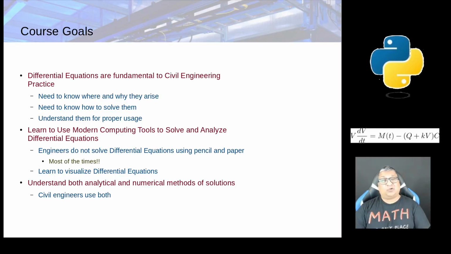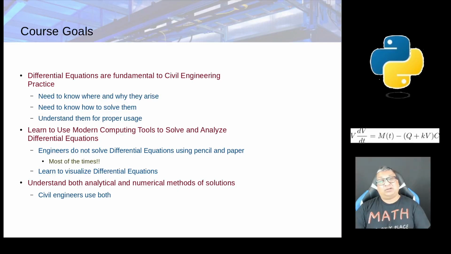Numerical solutions are also based on mathematical principles, but they are approximate solutions and typically use computer to perform iterative calculations. Most traditional ordinary differential equations classes that are taught in mathematics departments tend to focus on analytical solutions. So students often miss out on learning numerical solutions, which are more commonplace in engineering.